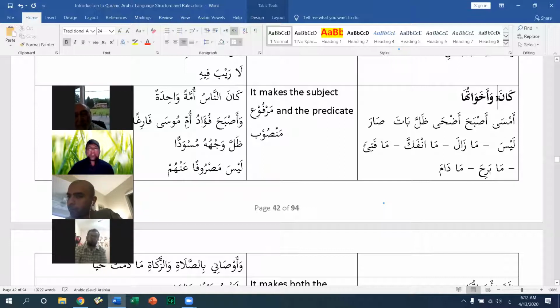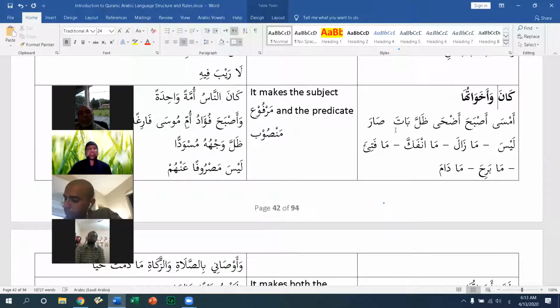So you take al-jumlatul ismiya and you place kana in front of that sentence, and then it makes the mubtada marfu'a, the opposite of what inna does. Inna makes the mubtada mansub, and it makes the khabar marfu'a. Kana does the opposite. It makes the mubtada marfu'a, and it makes the khabar mansub.